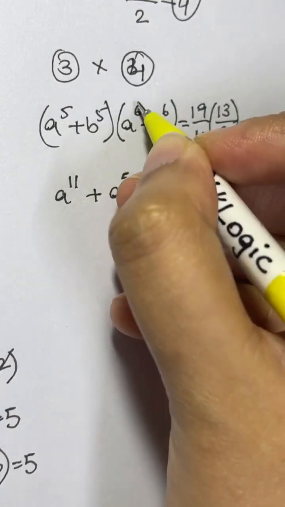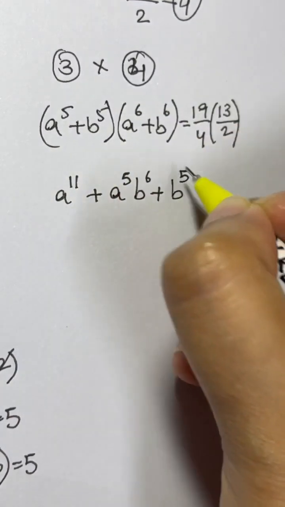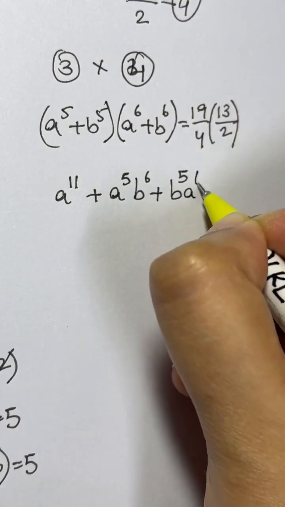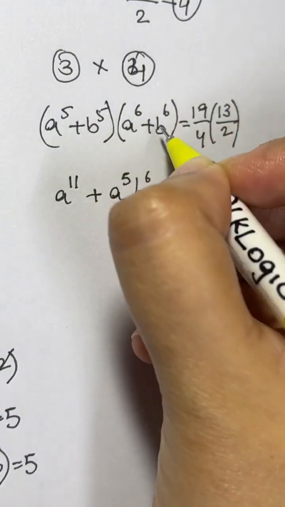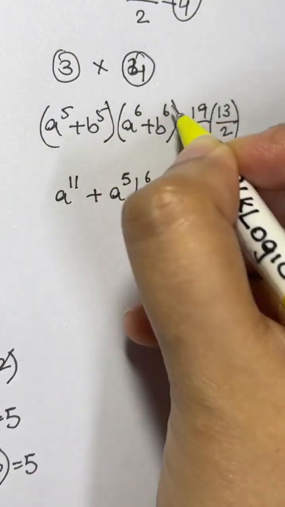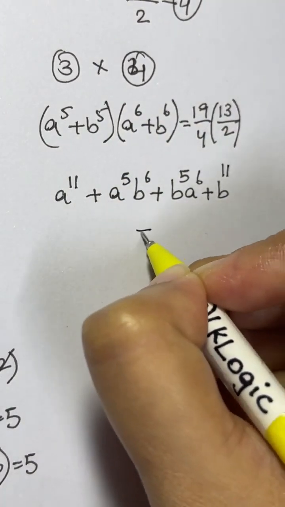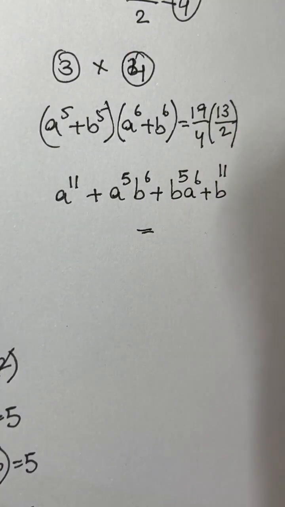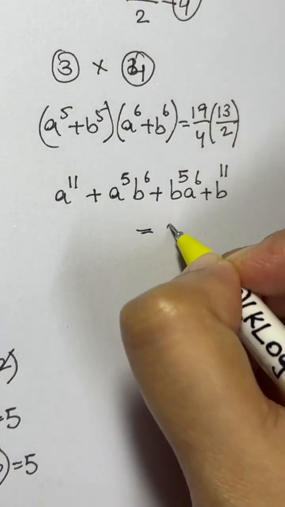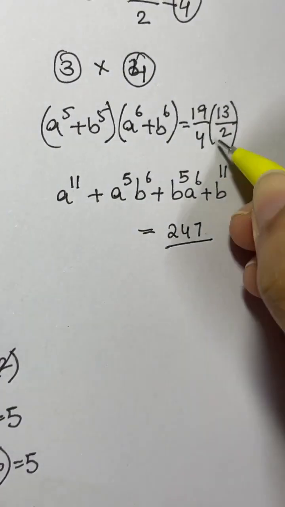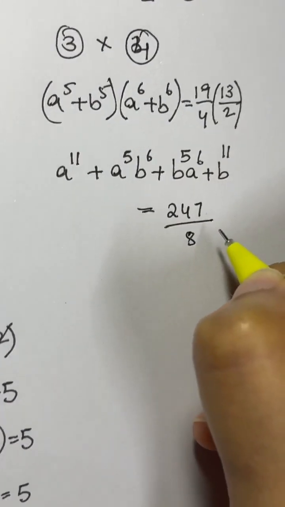Then you have b to the power of 5, a to the power of 6, and then you have b to the power of 5 and 6. So add the powers, plus b to the power of 11 is equal to 19 times 13 is 247 over 4 times 2 is 8.